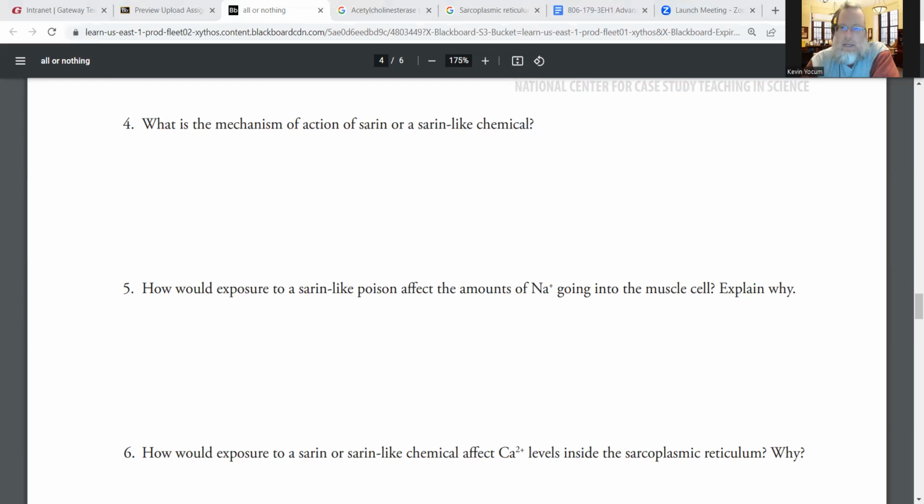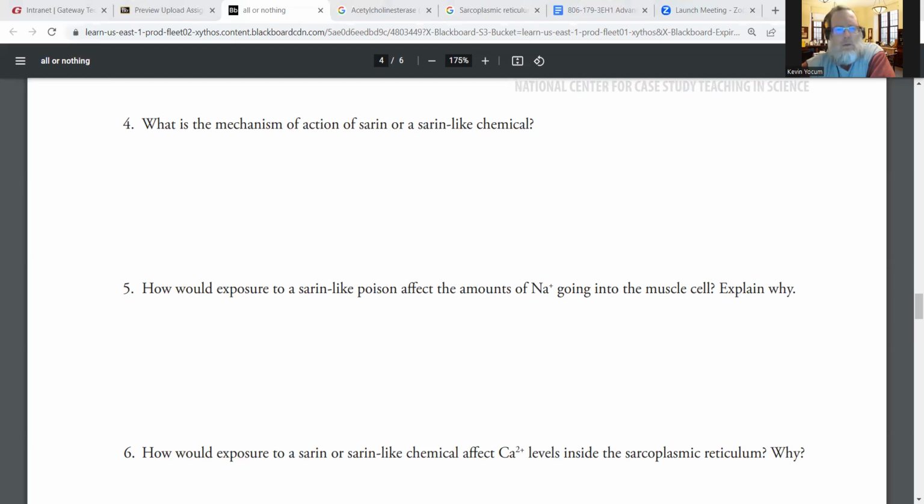But in order to have that, we have to get the enzyme activated so we don't have too many acetylcholine dominoes piling up. So too many acetylcholines means too many sodiums, means too many calciums. And that's going to trigger intense muscle contractions or spasms or cramping.